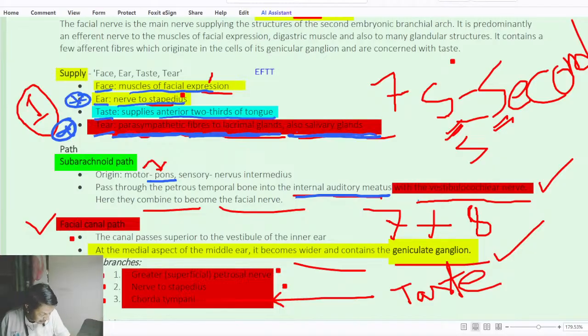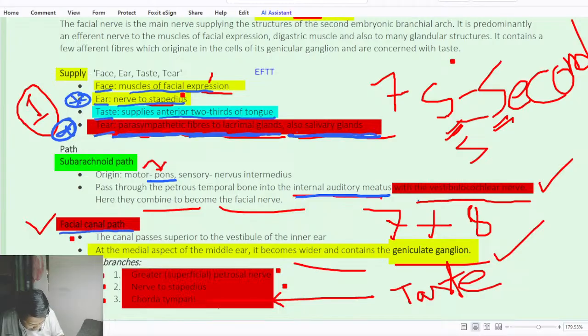This is also an exam question: which of the following nerves exit the skull together through the same foramen? Facial nerve and vestibulocochlear nerve. So 7 and 8 both pass through the internal acoustic meatus.